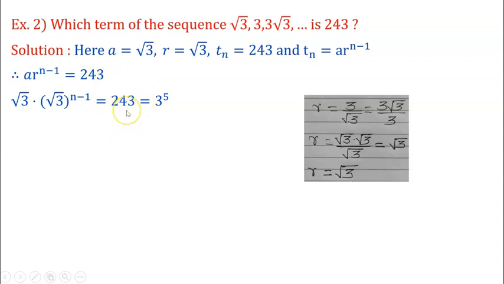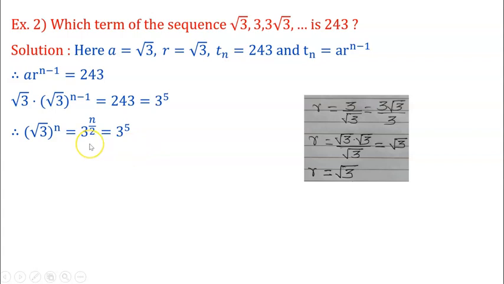But what about the 243? 243 is the fifth power of 3. Therefore, 3 raised to 5 is equal to root 3 into root 3 whole bracket raised to n minus 1. That is root 3 raised to 1 into root 3 raised to n minus 1, plus 1 minus 1 get cancelled, and overall you will get root 3 raised to n, and that is nothing but 3 raised to n by 2 is equal to 3 raised to 5.